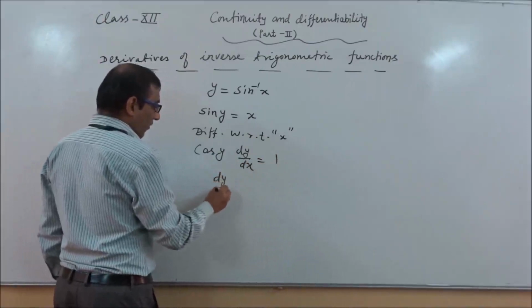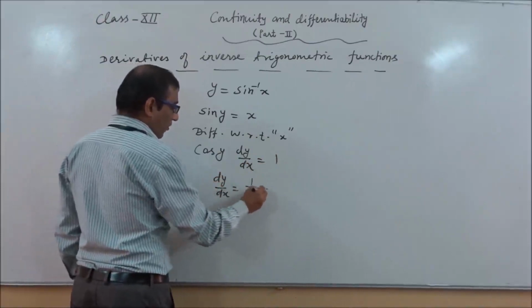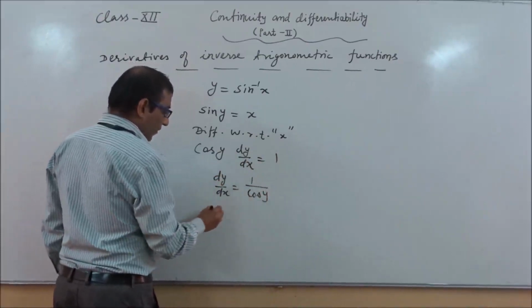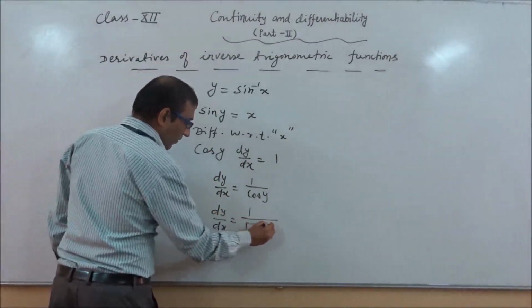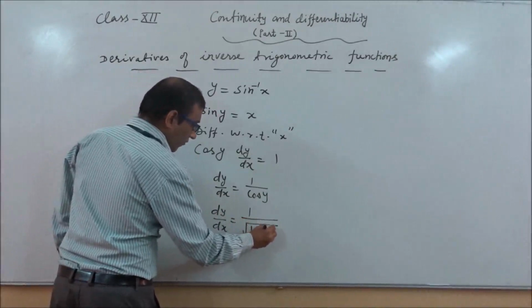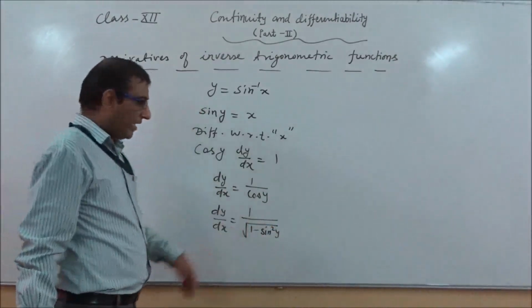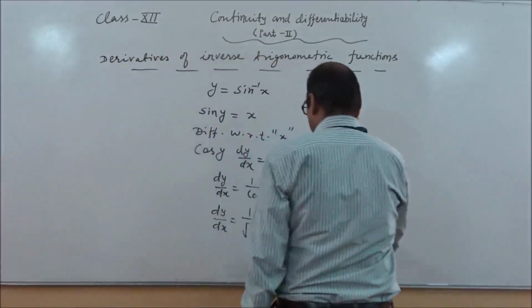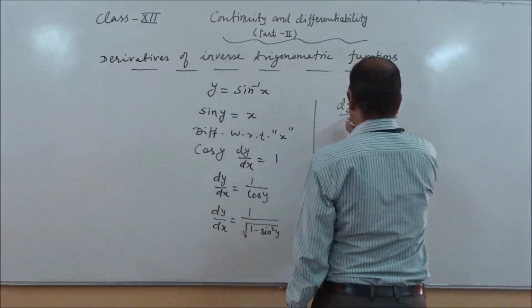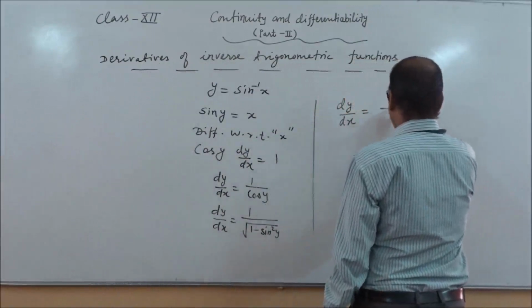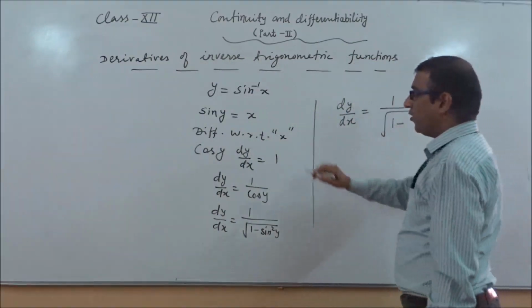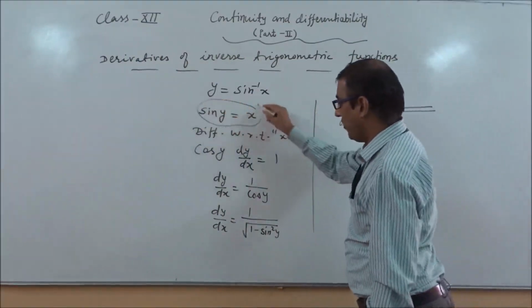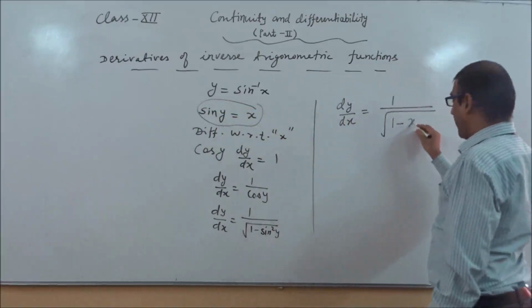So the value of dy by dx equals 1 upon cos y, and we can say dy by dx equals 1 upon root 1 minus sin square y, as per the trigonometric identity. So dy by dx equals 1 upon root 1 minus, the value of sin y is x, so we write x square.